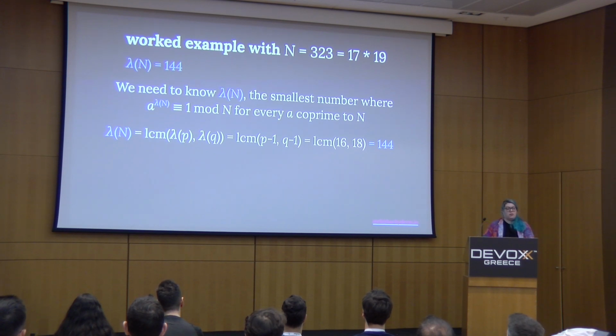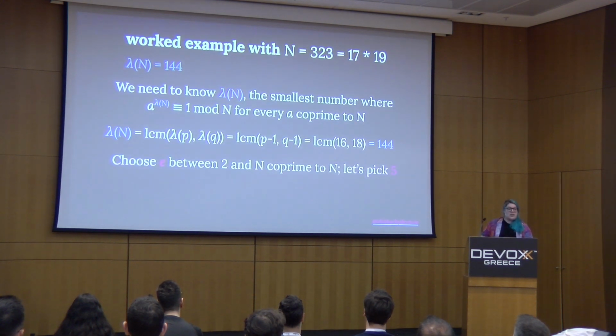This is the smallest number that divides by both 16 and 18. And 144 has the property that any number to the power of 144, when you divide it by 323, you get 1 left over. That will be important later. So what we do with this special number is we say, okay, let's take another number between 1 and 323.